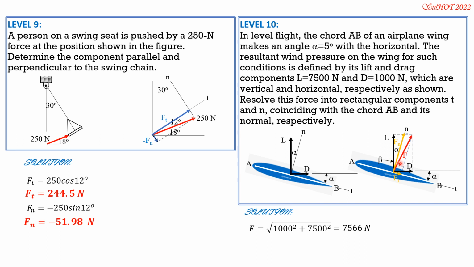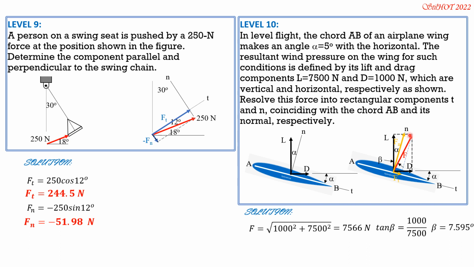Then tangent of beta is opposite, which is drag force, over adjacent, the lift force. Tangent beta is 1,000 over 7,500. Therefore, beta is 7.595 degrees, which is greater than alpha because alpha is only 5 degrees.